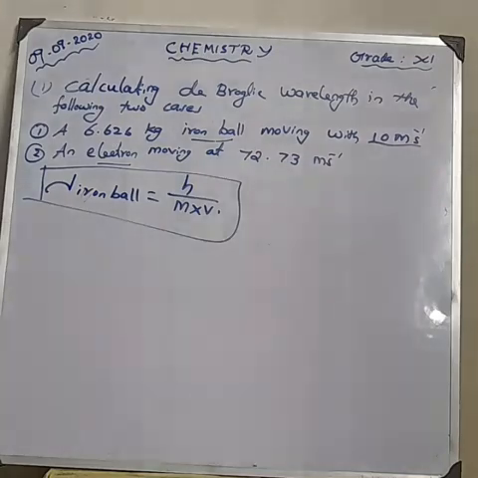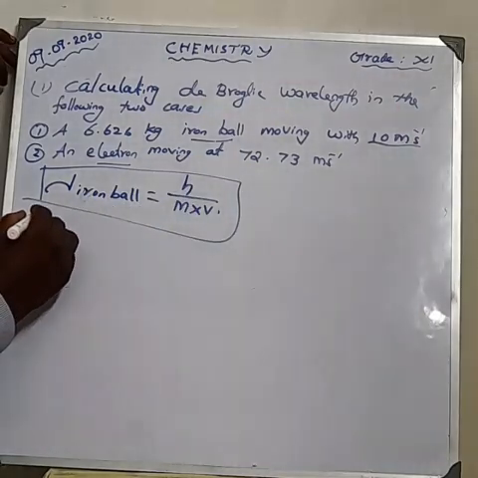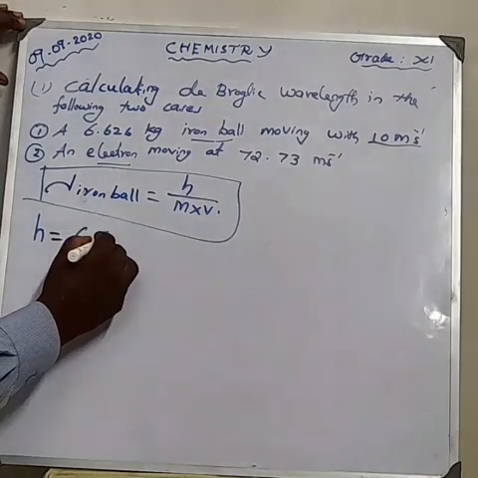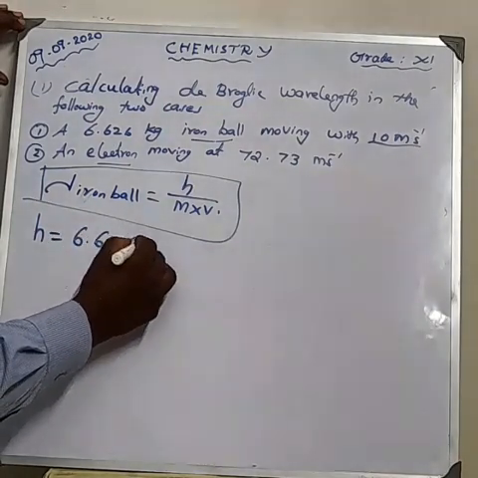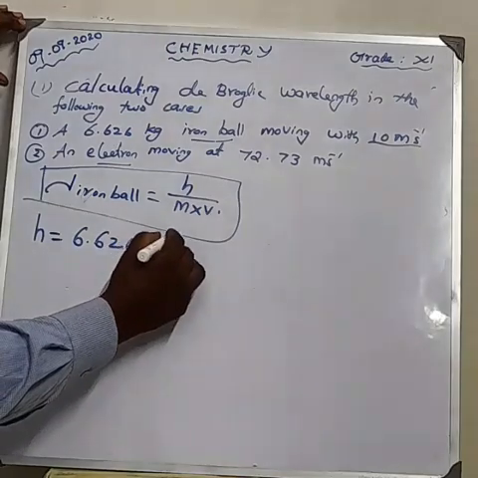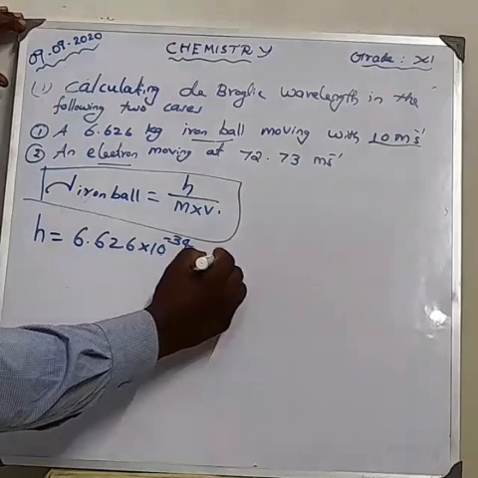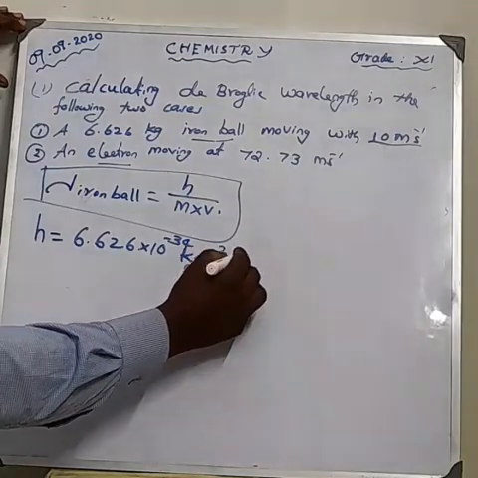Then you should write the data given. Planck's constant h is equal to 6.626 into 10 raised to minus 34 kilogram meter square second inverse.